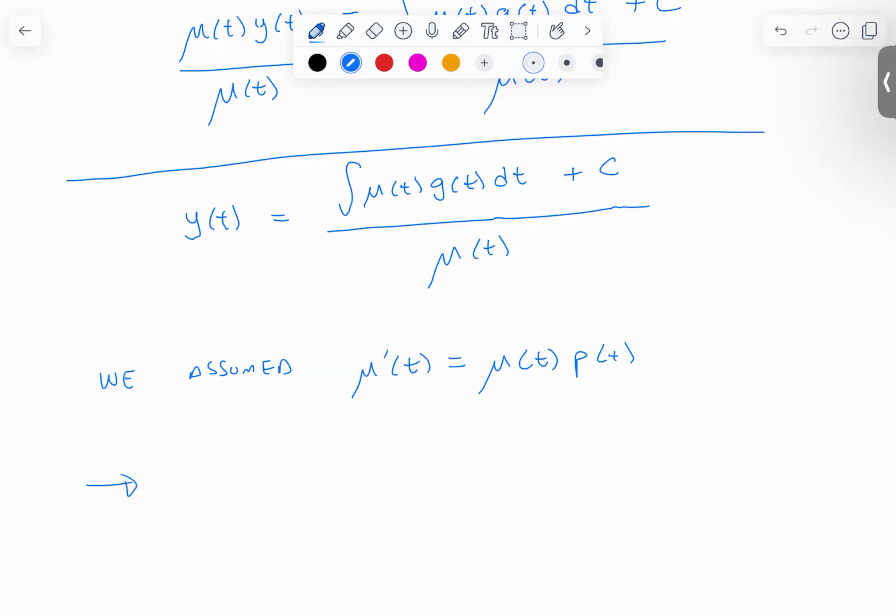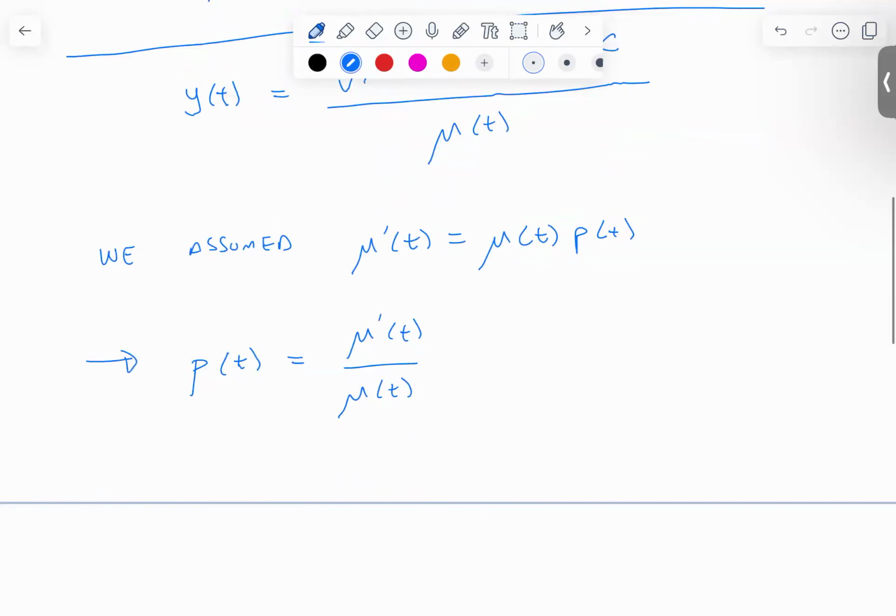If we solve this for p of t instead, when I solve that for p of t, does this look like something that's familiar?